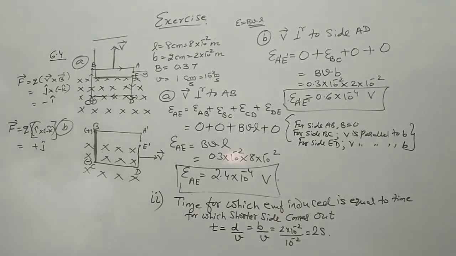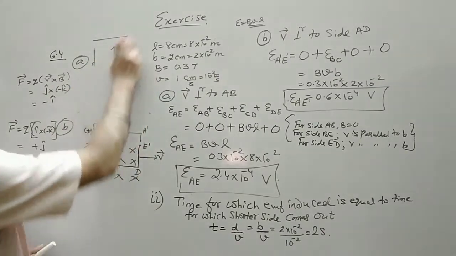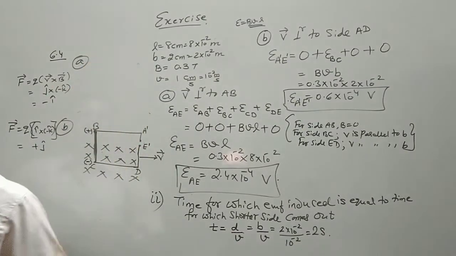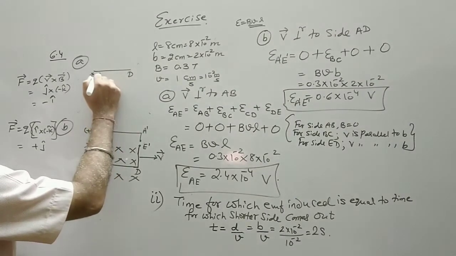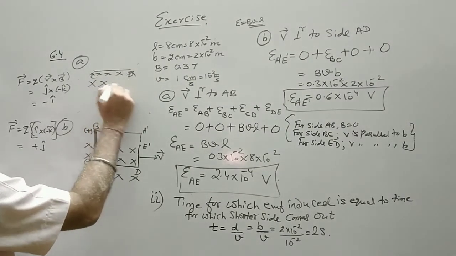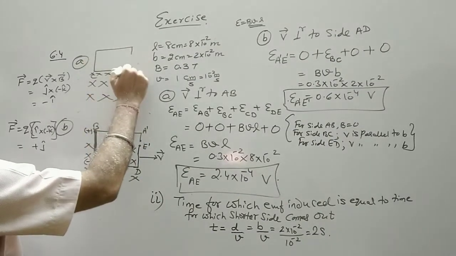So if I want to draw the diagram after the 2 seconds, what will be the situation? See the case 1, the situation will be like this. This is your CD and this is the field. Now this is your loop.